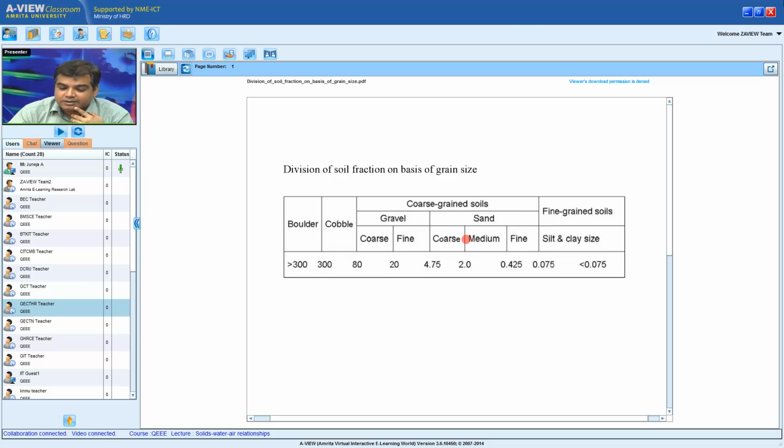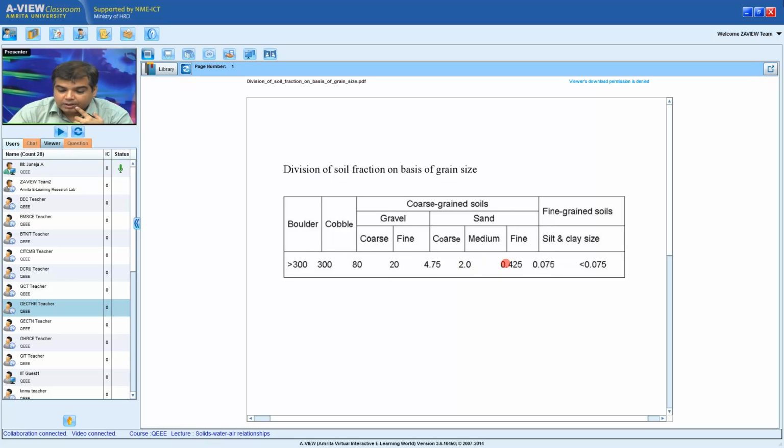Anything on the left hand side is the coarse grained soil. There are other numbers to remember. Again, the border between medium and coarse grained sand is 2 millimeters.